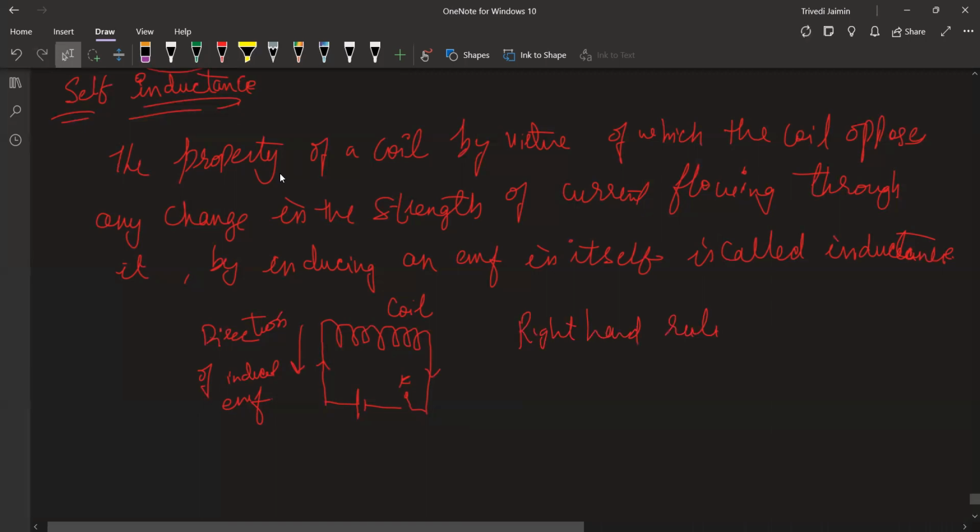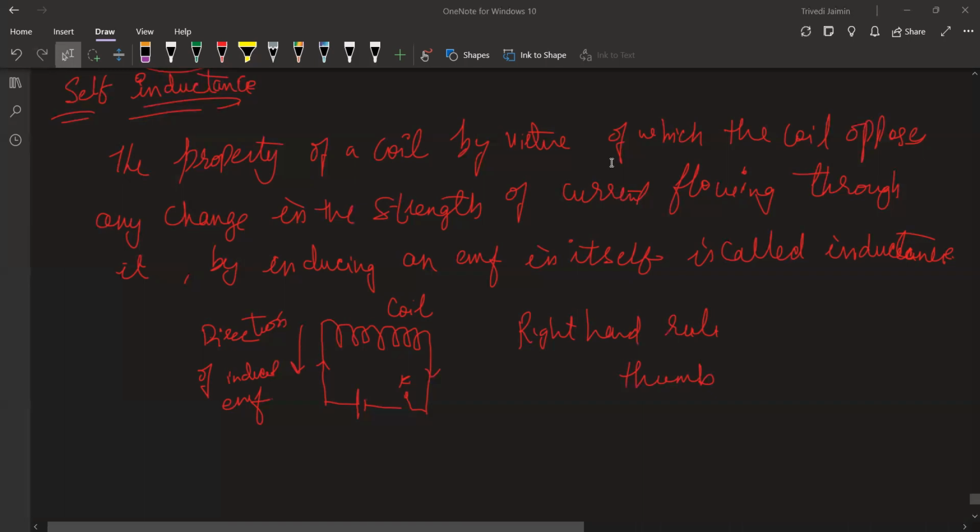Right hand thumb rule. Done writing? Sir, 1 minute. Yeah. So this meeting will automatically over. Done. Sir. ठीक है.